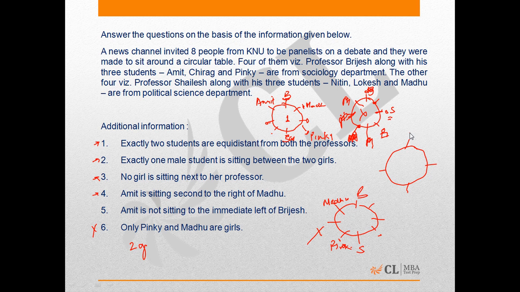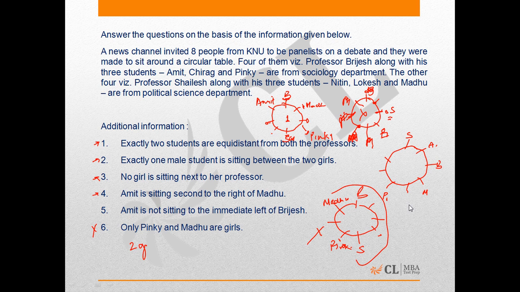So this is not possible, but in the same case we can swap the positions of Shailesh and Brijesh. Shailesh is there, Brijesh is there. Now there will be again three possible cases for the positions of Pinky and Madhu. In the first case, Madhu is there and Pinky is at this position. Then the position for Amit will be there.